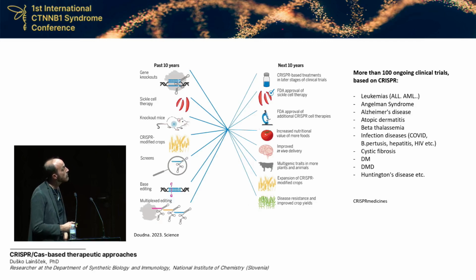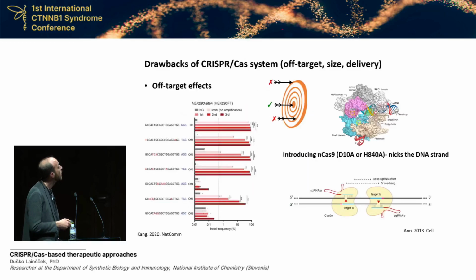Here is just a list of different diseases and different states within living organisms where more than 100 clinical trials are already ongoing. You can clearly see that CRISPR can be used for treating different leukemias, Angelman syndrome, Duchenne muscular dystrophy, Huntington disease, and so on and so on.